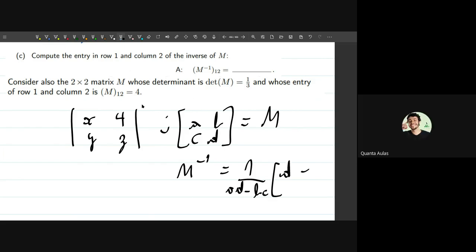So if you want only this term, the row 1 and column 2, maybe we can get this value just using the information the question gives us, okay? But you can try this for me and send me a photo.